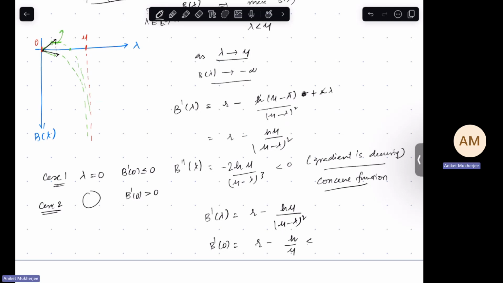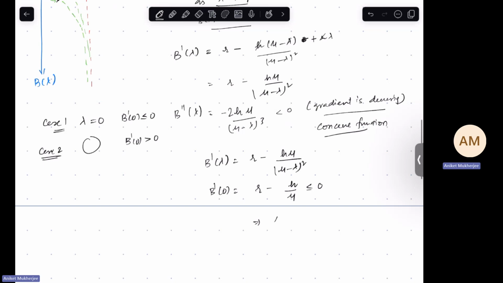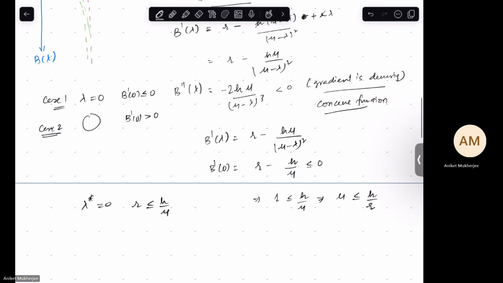So if this is less than or equal to 0, which implies r is less than or equal to h by mu, which implies mu is less than or equal to h by r. So your optimal lambda star equals 0 if r is less than or equal to h by mu, right?